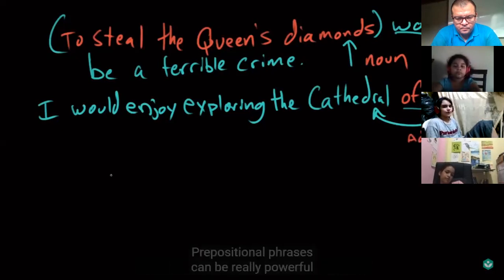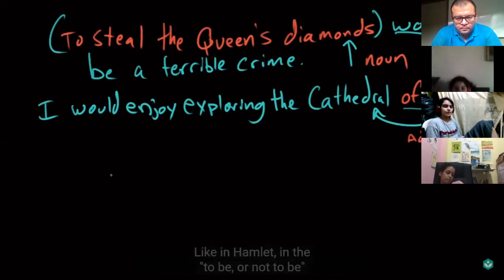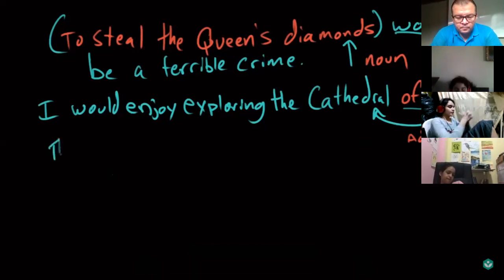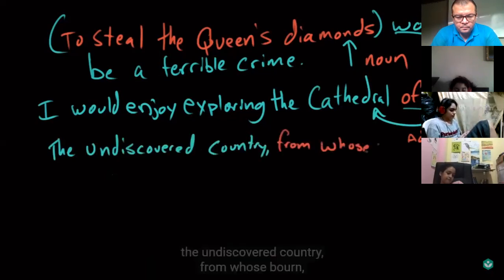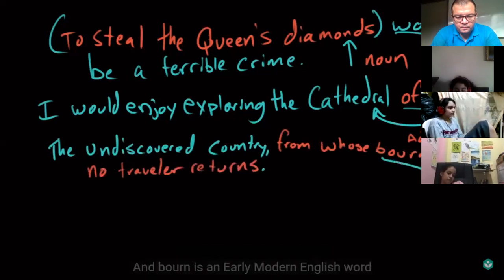Prepositional phrases can be really powerful and really elegant and really cool. Like in Hamlet, in the to be or not to be speech, Hamlet describes death as the undiscovered country from whose bourne no traveler returns. And bourne is an early modern English word meaning boundary. What Hamlet is saying in this soliloquy is that death is a mystery.